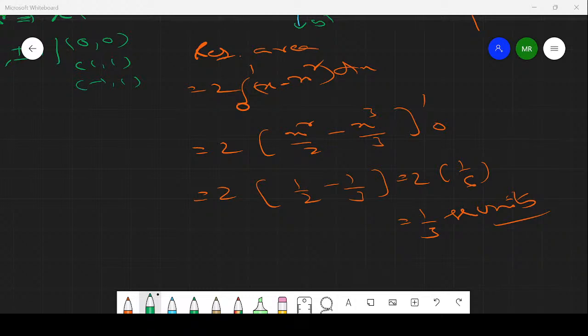Find the area bounded by the curve y equal to x into mod x, the x-axis, and the lines x equal to minus 3 and x equal to 3. This is also one of the important problems, just observe this one.